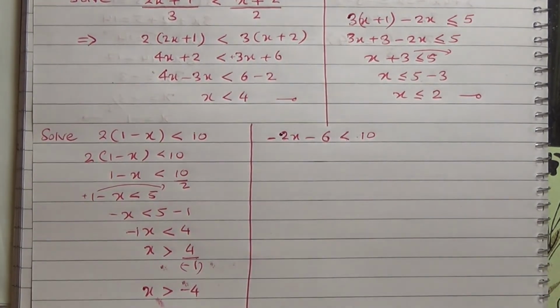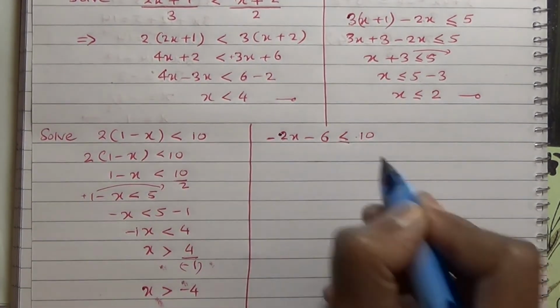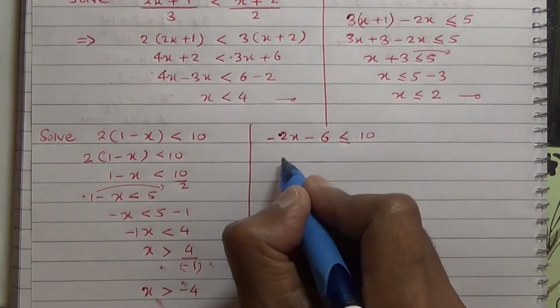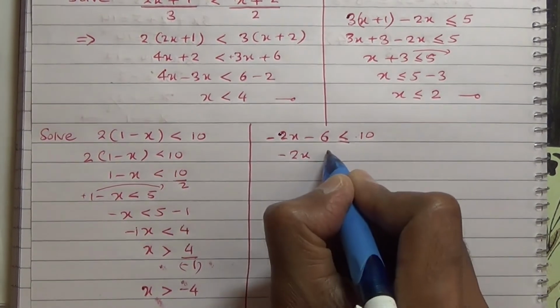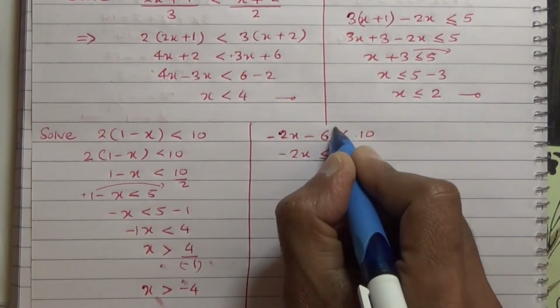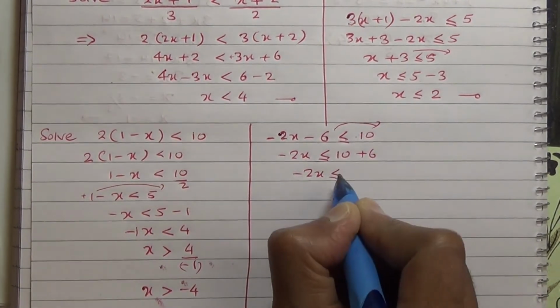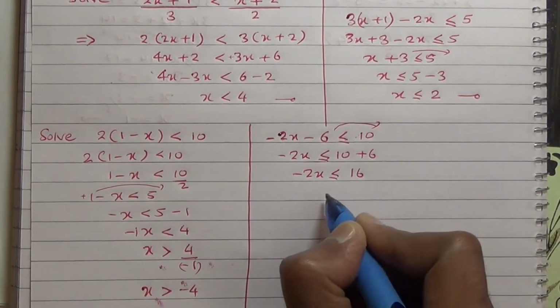For that matter, you can put the equal sign if you want. Let's say it comes with an equal sign, it doesn't really matter. So minus 2x less or equal to 10, the minus 6 can go there, becomes plus 6. So minus 2x less or equal to 10 plus 6, which is 16.